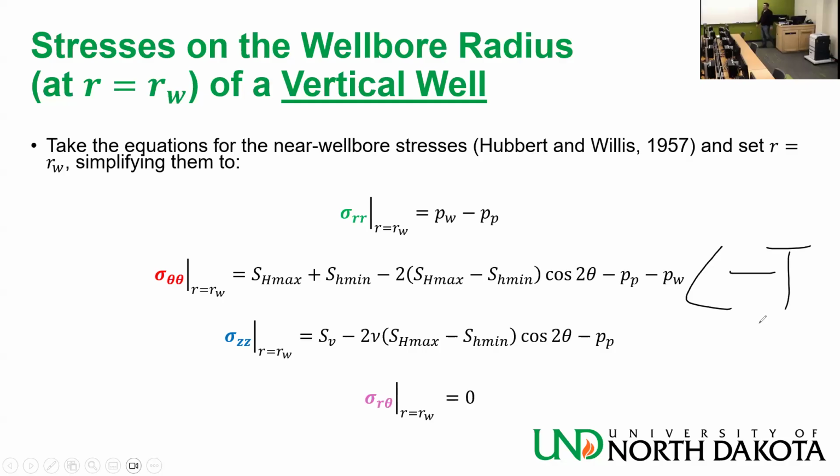Well, one of the two criteria. The other one is that this is more tensile than this. But let's just take the first criterion and set it on the limit. So set it equal to minus T, and then solve for PW, okay?